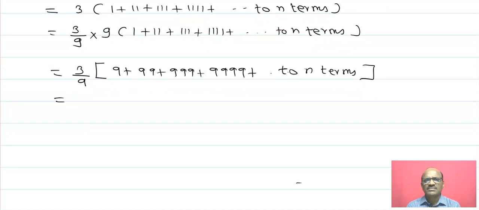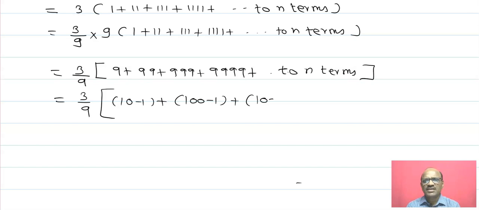Now here, this is in geometric progression. Now we can write it like this: 10 minus 1 plus 100 minus 1. 999 can be written as 1000 minus 1, and in this way up to the n terms.